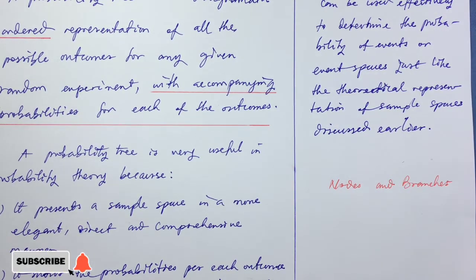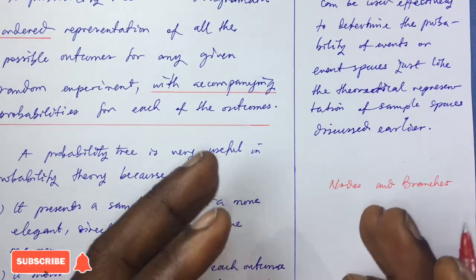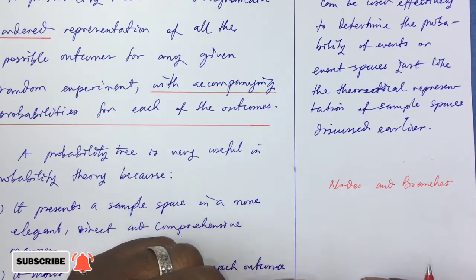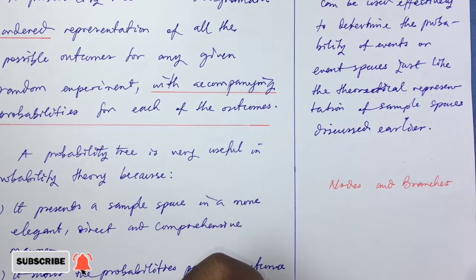What will a node do and what will a branch do? A node is simply a joining. It is a point in the probability tree from which branches emanate.